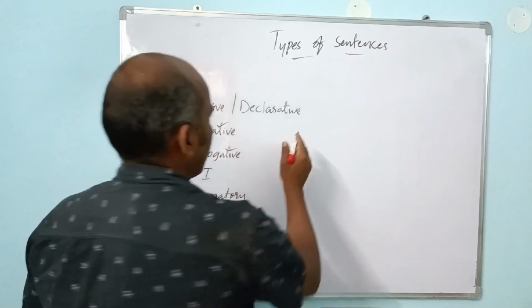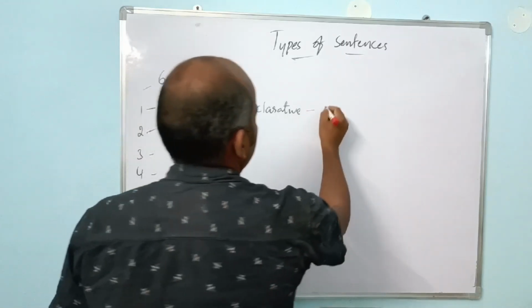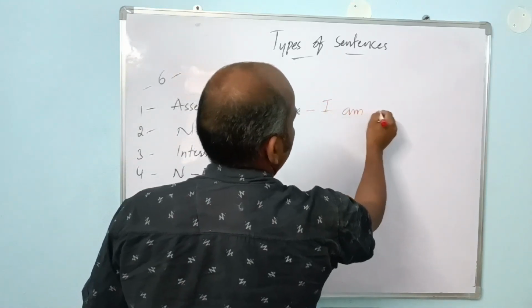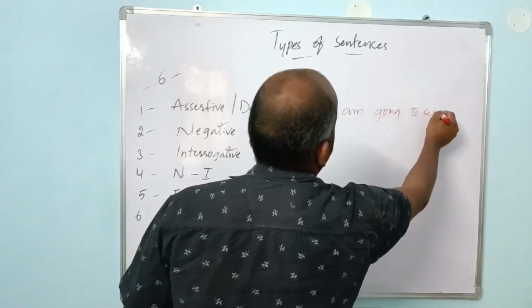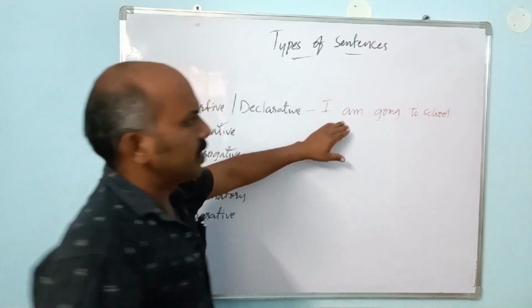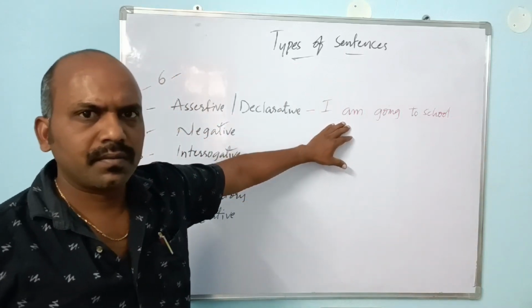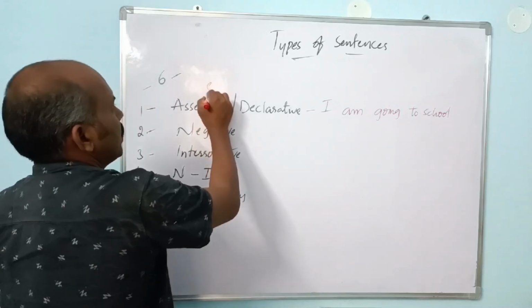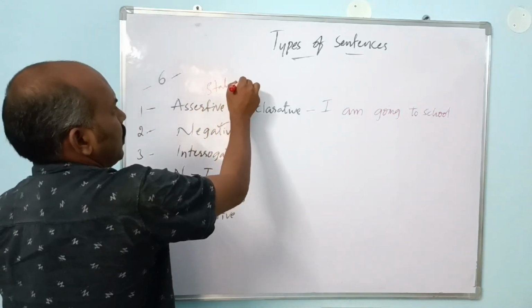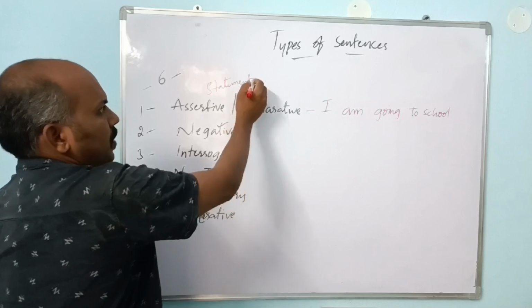Suppose if you say that I am going to school, it is declarative, that is, what you are doing, and this is an assertive, and it is also called a statement. Right?